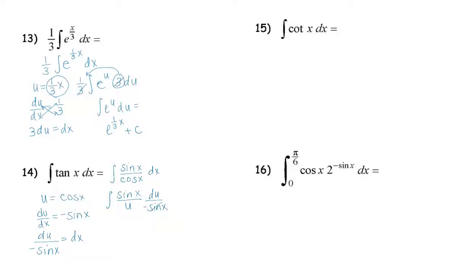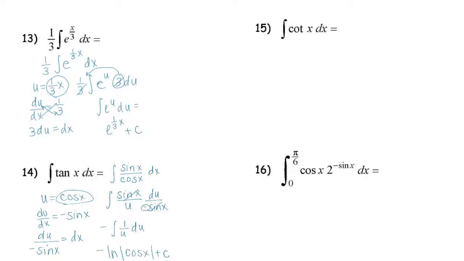We are going to cancel those, and we have a negative. We're going to move out to the front. So I have negative integral of 1 over u du, and I know that's going to be natural log. So negative natural log, absolute value, and 1 over u, here our u value was originally cosine of x. And then we have our plus c.